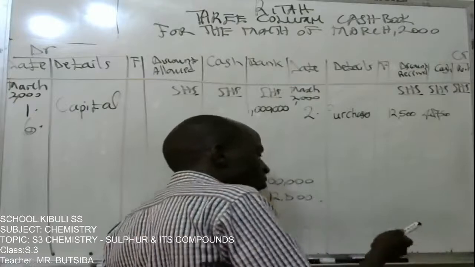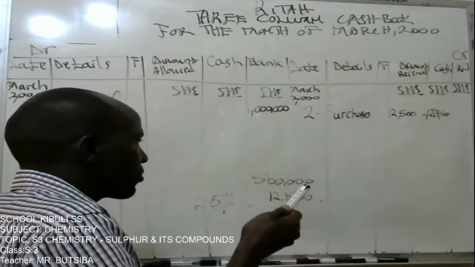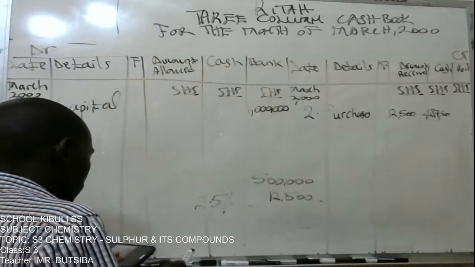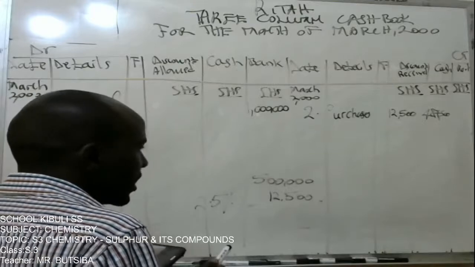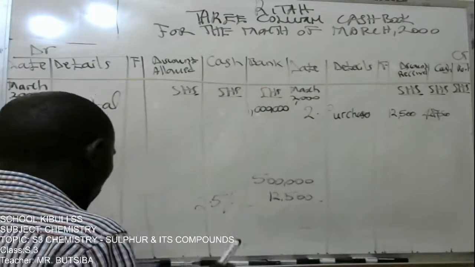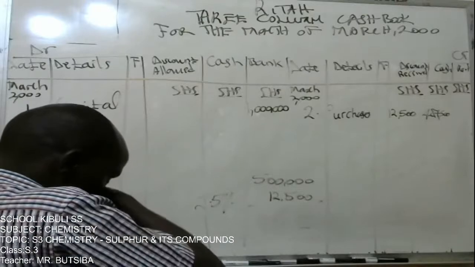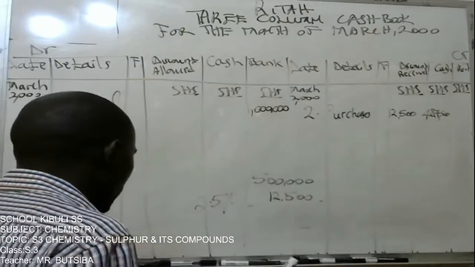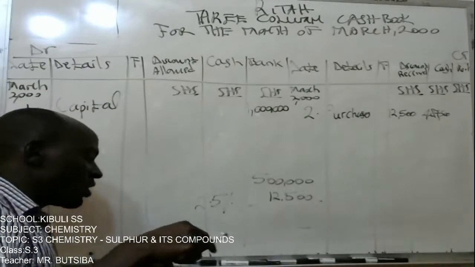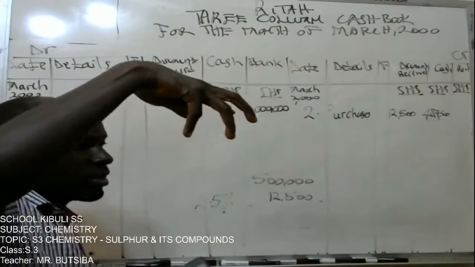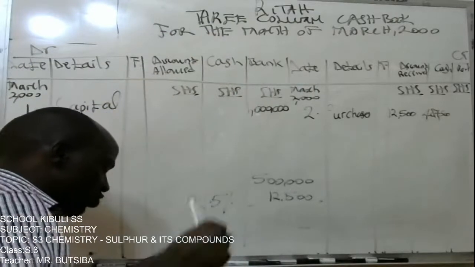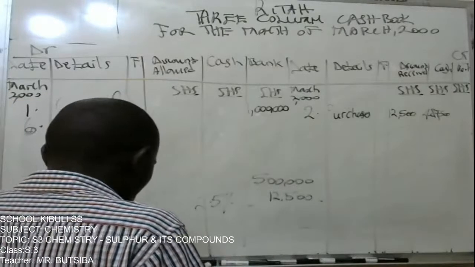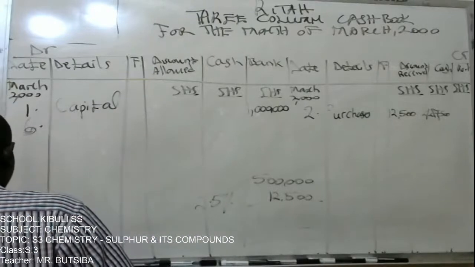In this situation, we are going to capture the name, not the sales account. The sales account would have been captured if you sold on cash. But even if they say sold goods to someone, the moment they mention the name, it means that it's a credit transaction. Someone never paid you immediately.